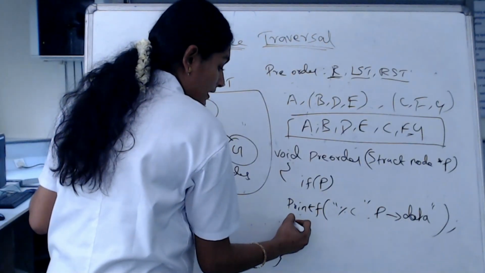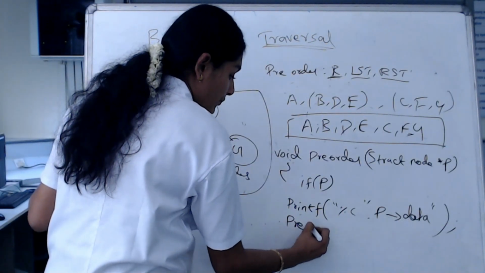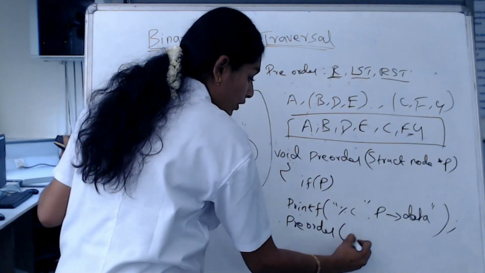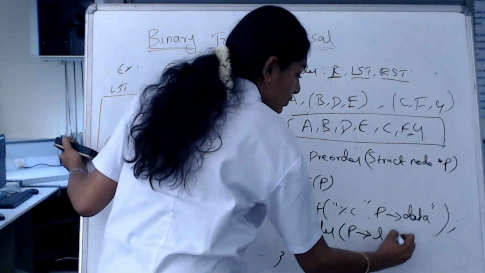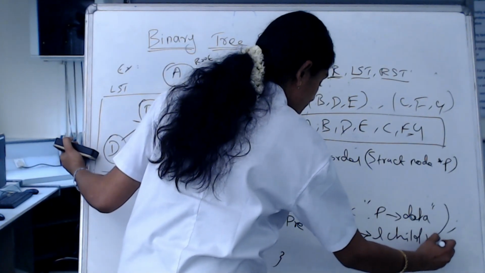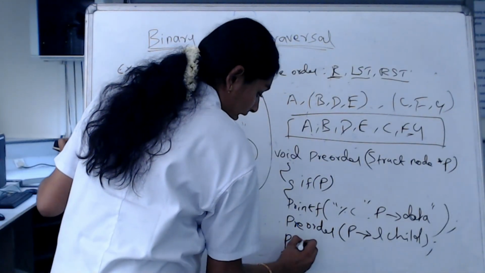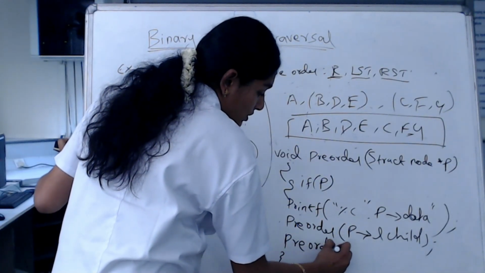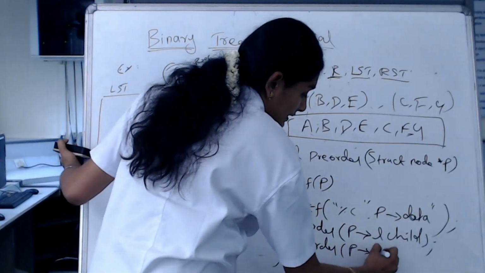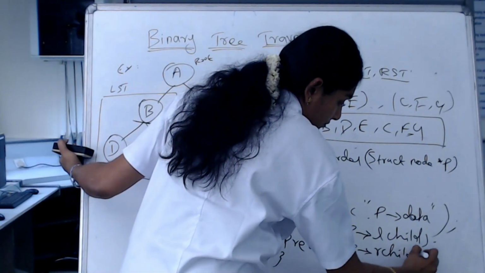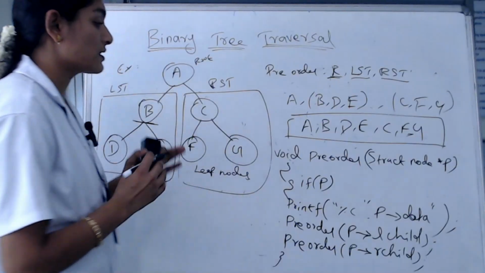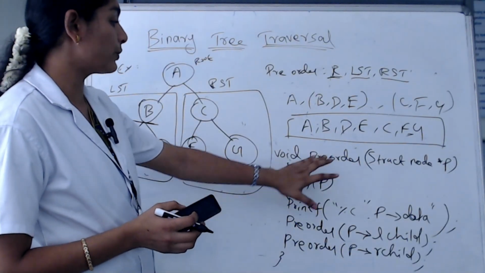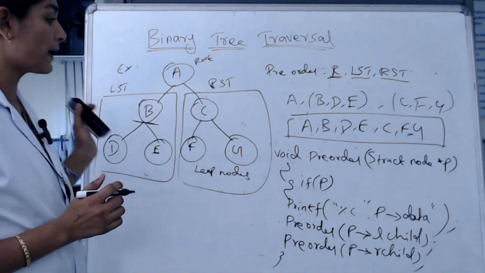So I can write a recursive function here, that is pre-order of p arrow left child. Again a function call for the right child. This is the recursive function used to print pre-order traversal for this particular binary tree.